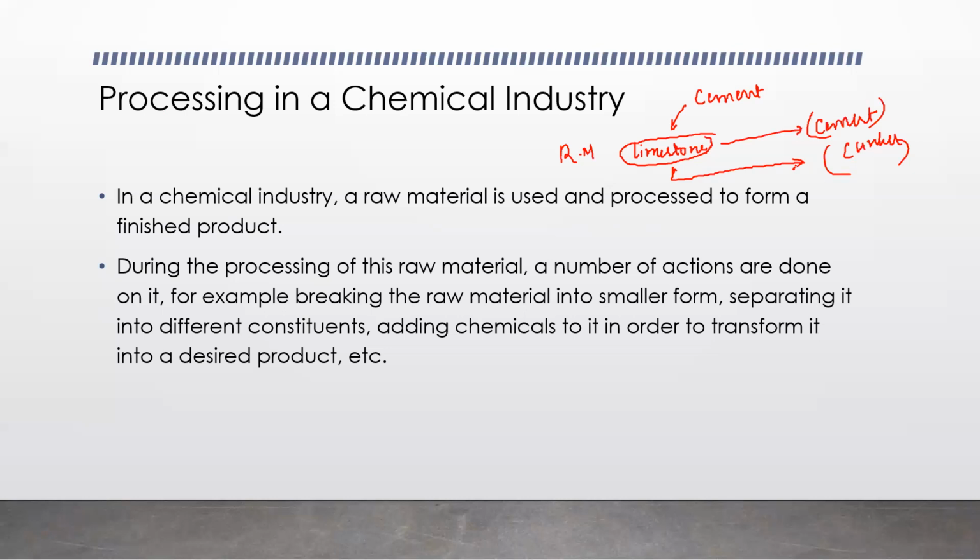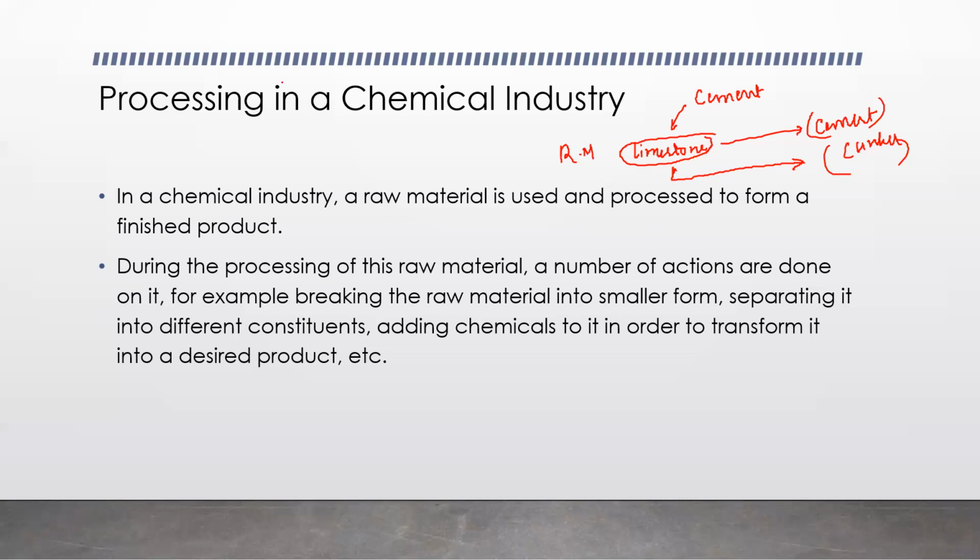And this is almost happening for every chemical industry that is there. During the processing of this raw material, a number of actions are done on it. For example, we're breaking the raw material into smaller form. Let's say we have limestone.